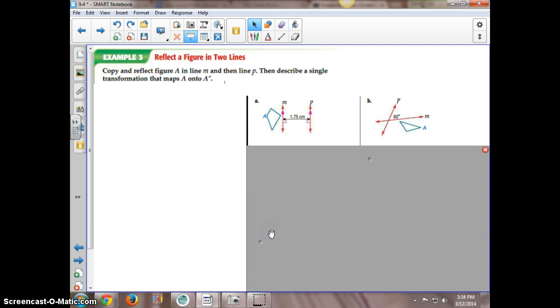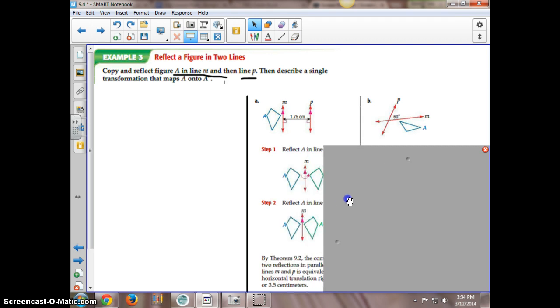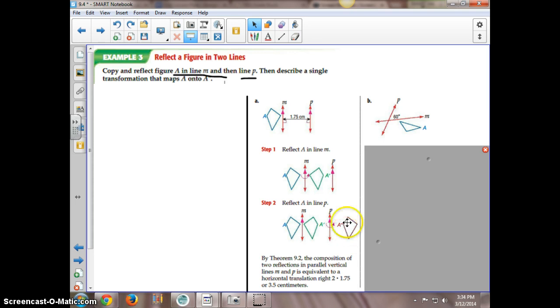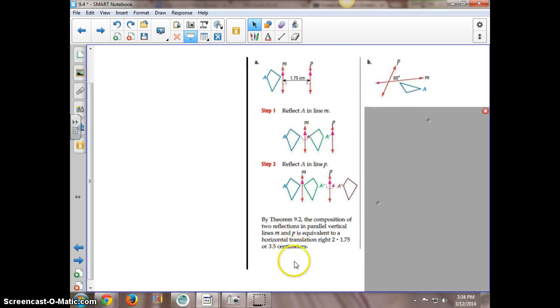All right, so again, we're reflecting figure A over line M and then line P. So let's take a look at what this will look like. Well, if we reflect figure A over line M here, we have A prime is there, and then over line P again, our image over P is drawn here.